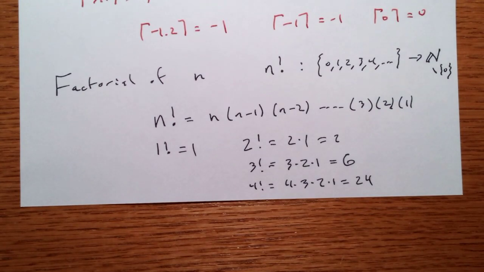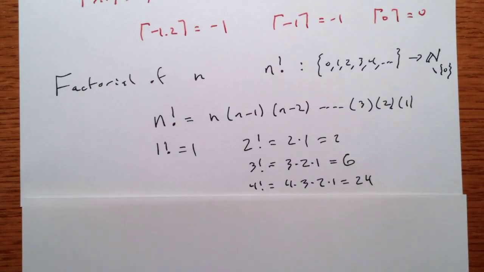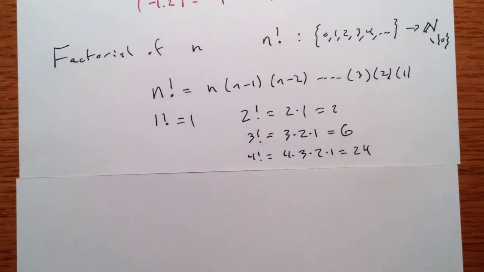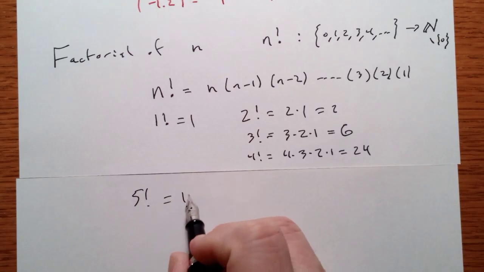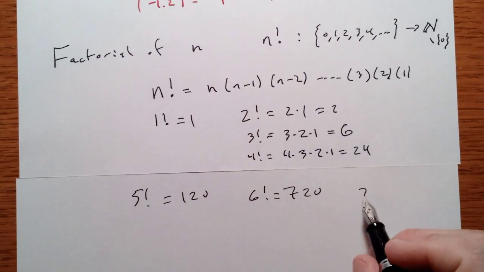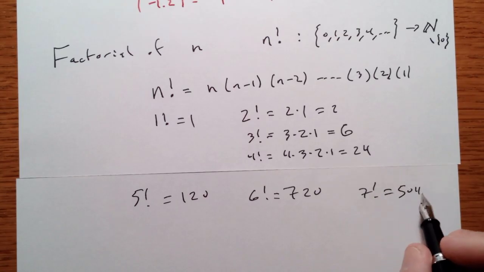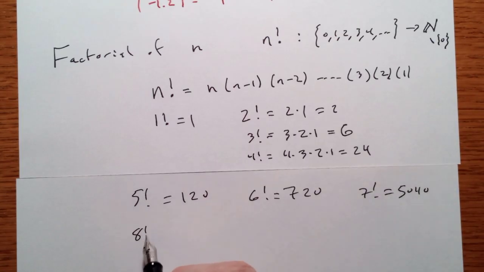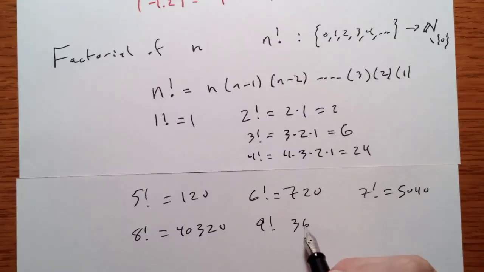As a matter of fact, these numbers get huge. 5 factorial is 120. 6 factorial is 720. 7 factorial is 5,040. 8 factorial is 40,320. I lose track after that. 9 factorial is 362,880, I think. Let's check.